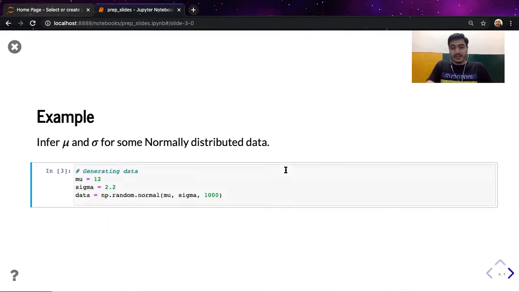Here I'm just generating 1,000 normally distributed data points with mean as 12 and standard deviation as 2 point something. And we wish to model this data generative process and get back to this actual mean and standard deviation.